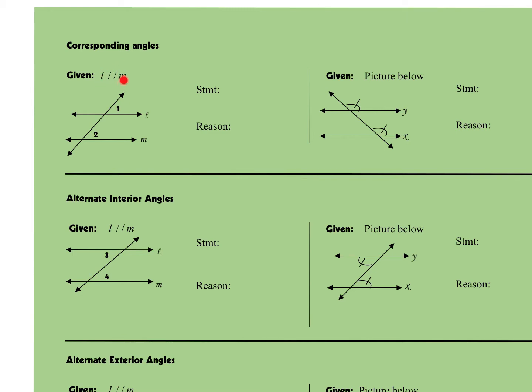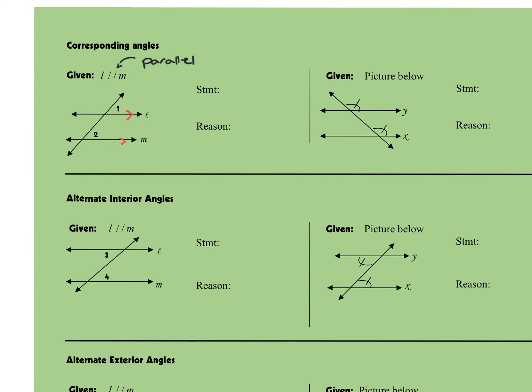First thing that we want to remind you, if you don't remember, is that this symbol right here, these double angled forward slashes, means parallel, okay? So if our two lines are parallel, remember we can name lines with a single cursive letter. So if these lines L and M are parallel, so we're told they're parallel, we can actually mark our picture with these arrows.